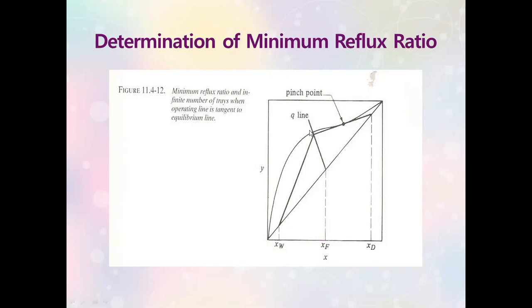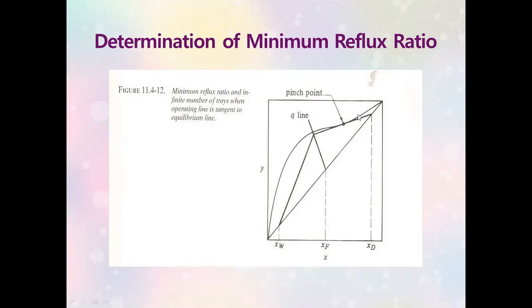So instead of this being the pinch point, this is now the pinch point of your column, and this will be the coordinates that you will be using. That way you can determine the minimum reflux ratio.